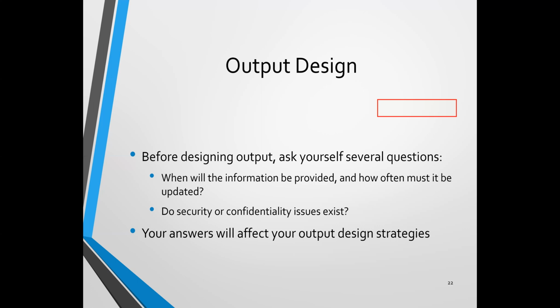Your answers will affect your output design strategies. For example, when you get an ATM card, they may give you an envelope for the PIN code. That one is printed, but how can they make it more secure?